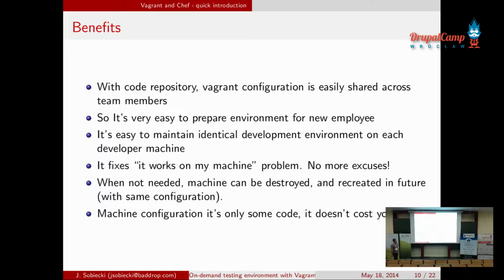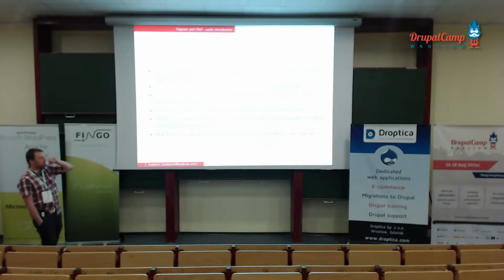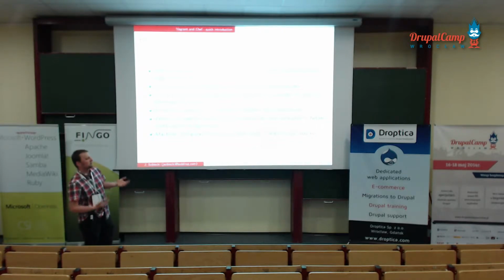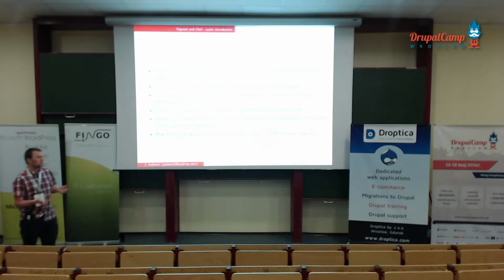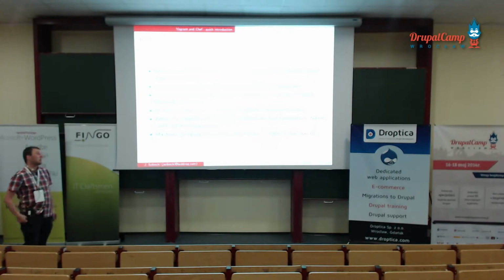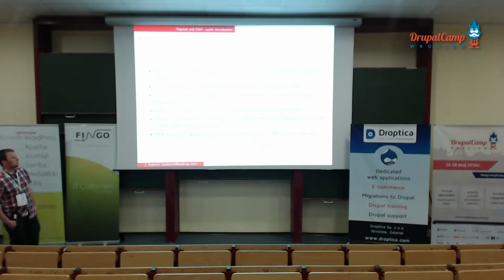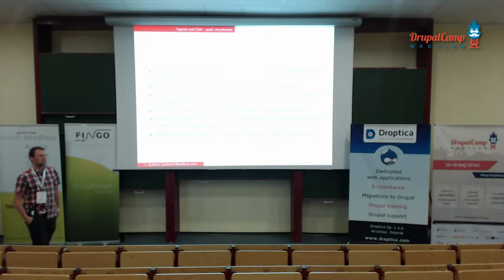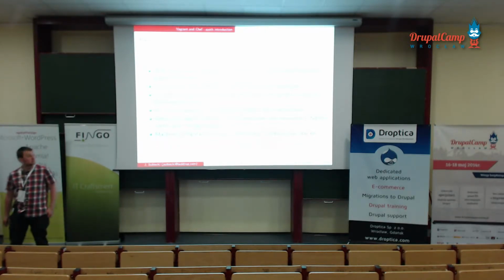And the Vagrant and configuration management tool configuration is stored in code, so it doesn't cost a lot of disk space. Well, you can achieve maybe similar effects by, for example, sharing VirtualBox images, but VirtualBox images are much, much bigger, and it's very hard to propagate changes in such images across the team.